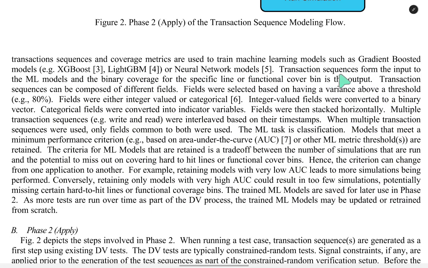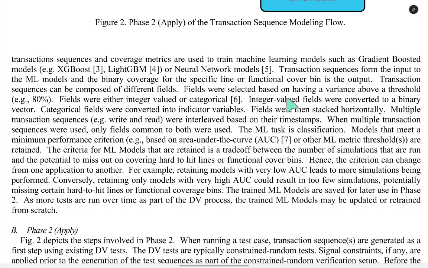The transaction sequences form the input to the ML models, and the binary coverage for a specific line or functional cover bin is the output. Transaction sequences can be composed of different fields, selected based on having a variance above a threshold, for example 80%. Fields were either integer values or categorical.